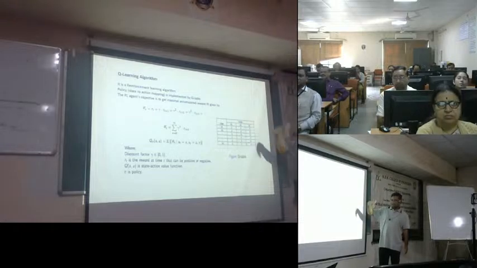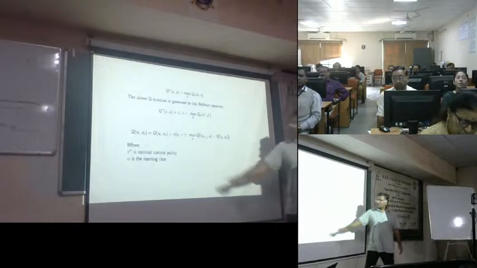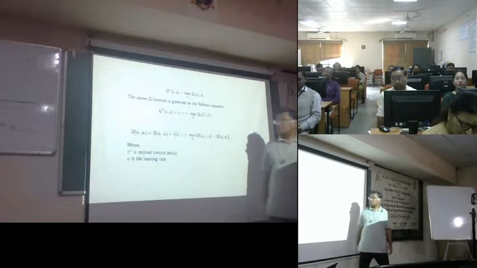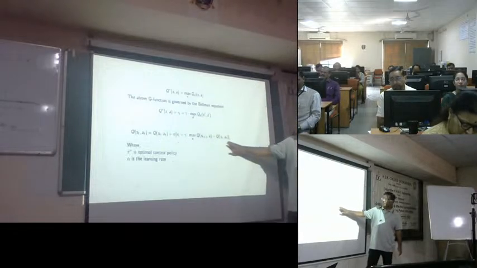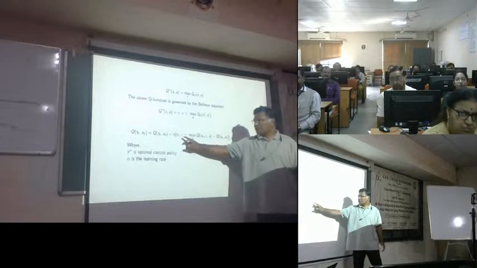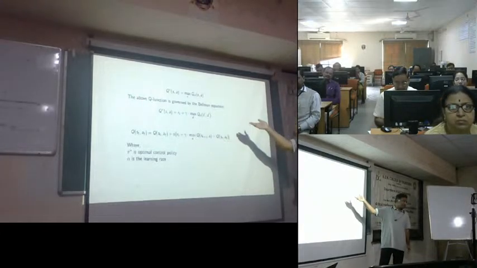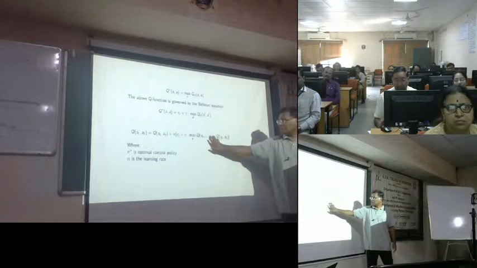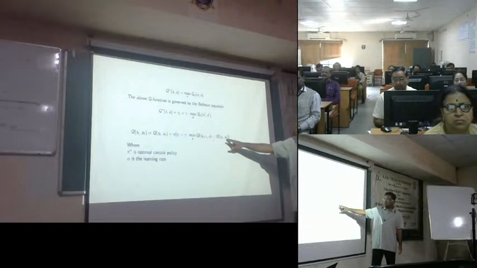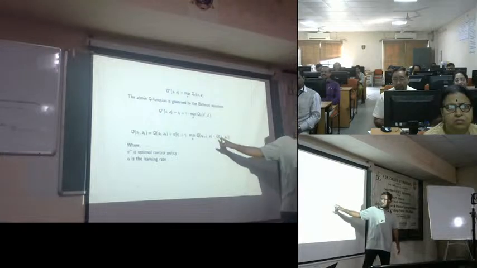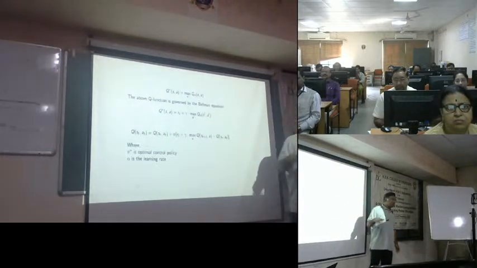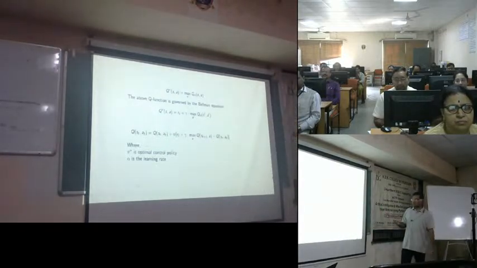In the next iteration we update it by taking the earlier value plus the current reward plus the next possible rewards minus the earlier value, so that we are adjusting it and we don't get infinite rewards.